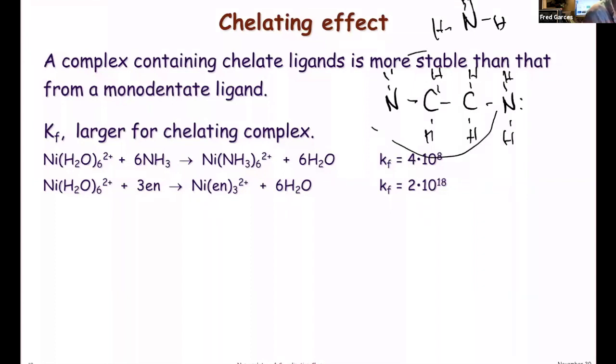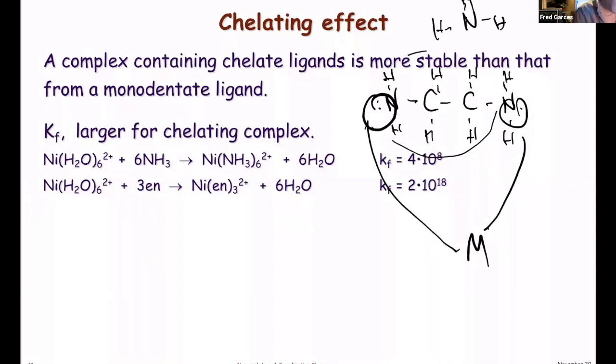So this is it right here. That's ethylene diamine. Okay. Because ethylene diamine binds the metal at 2 sites, this lone pair and this lone pair can bind the metal. Then in this structure right here, we have a coordination number of 6, but a ligand number of 3. There's only 3 ethylene diamine that binds.